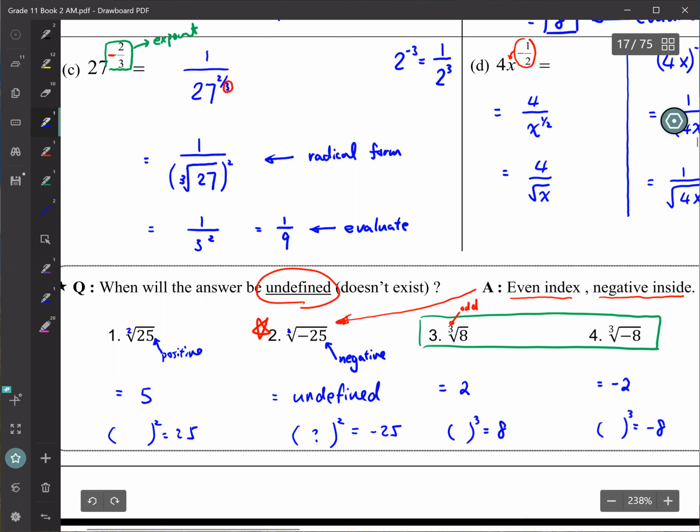So the only one that could have a problem is number 2. This is the only one you have to watch out for. It doesn't have to be negative 25, it could be negative 49, but if the index is an even number, then you just say it's undefined. Otherwise you should always get an answer.